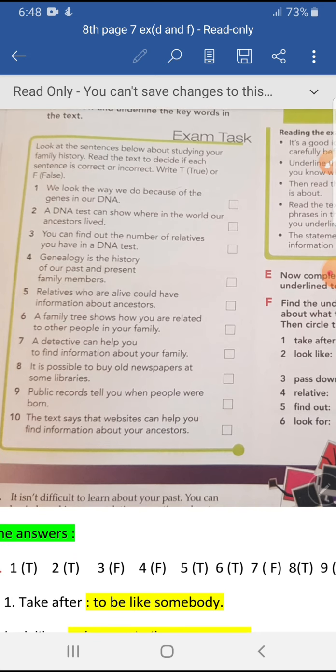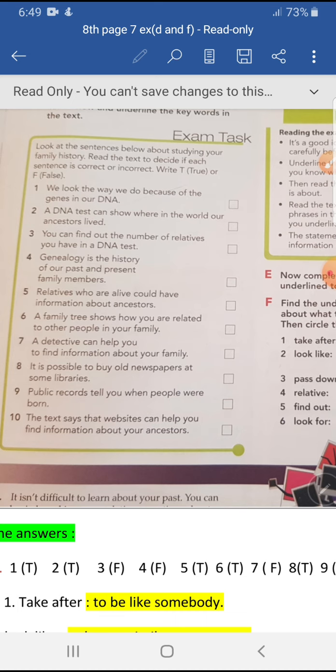Genealogy is the history of our past and present family members. Of course, false. Why? Because here in Word Focus it is mentioned that genealogy is the study of family history.